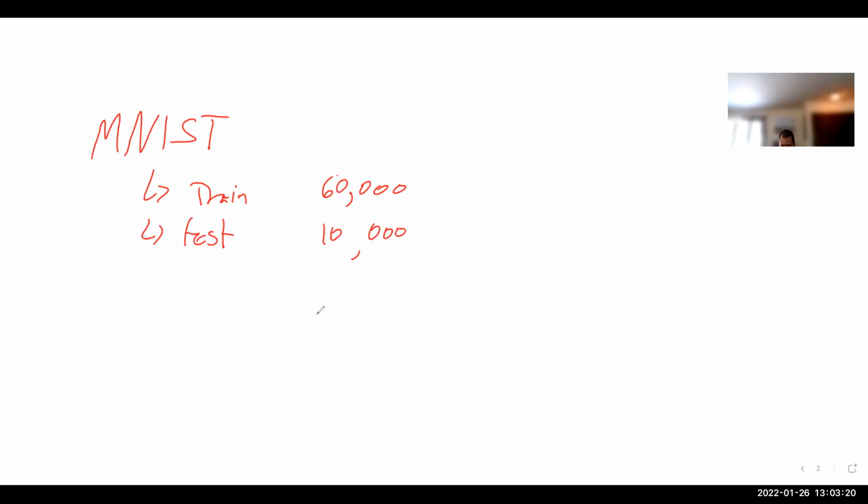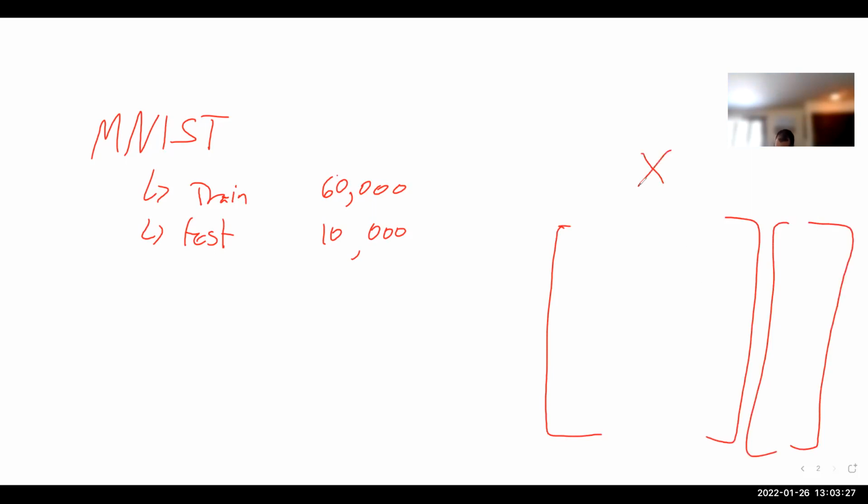Now, every sample in this data set is like this. So we've got X over here, we've got Y. For the train set, there will be sample 1, sample 2, all the way to sample 60,000. And there will be all the way to 784 features.